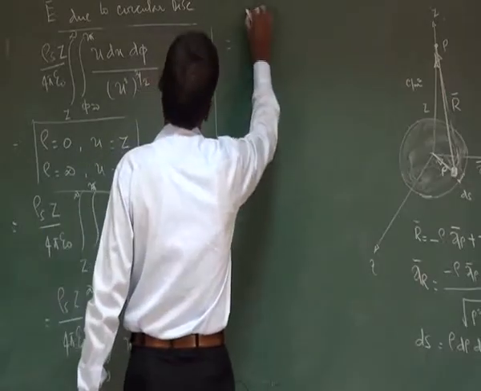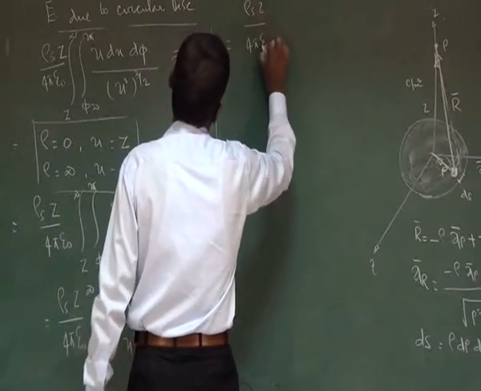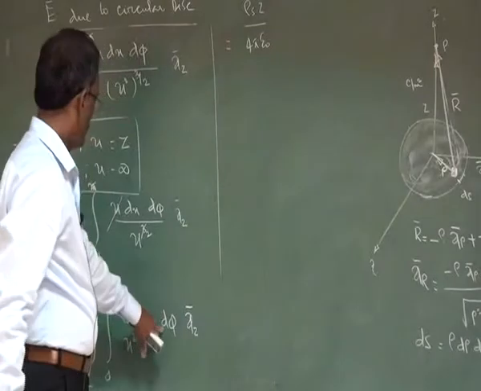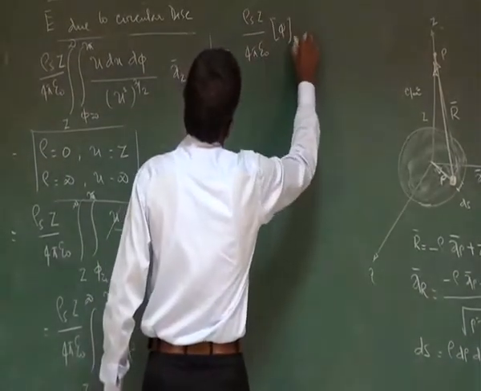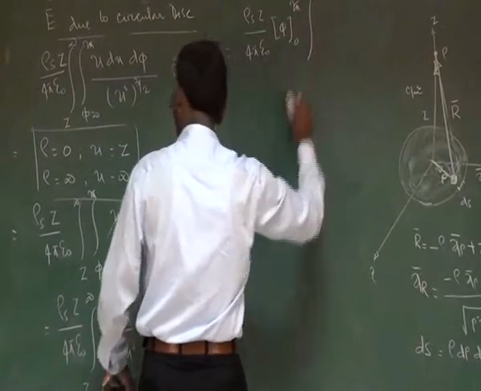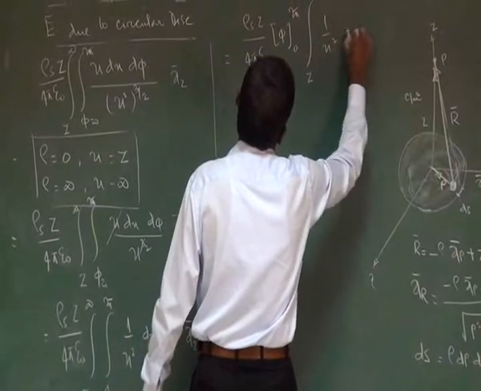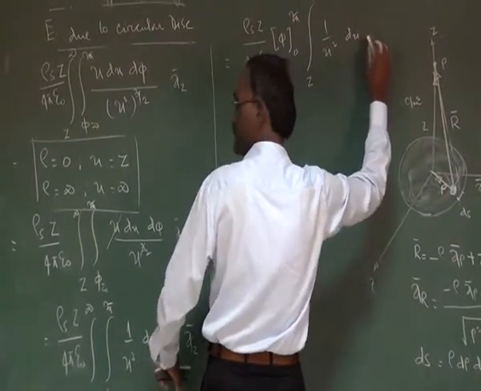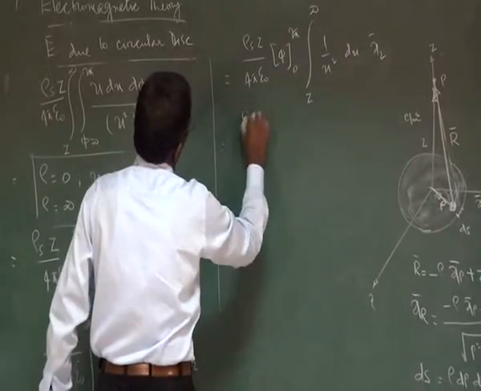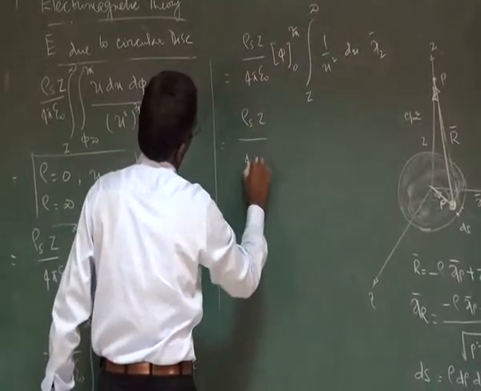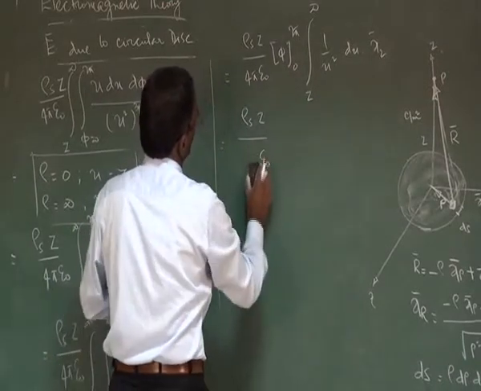Okay, is equal to rho s z divided by 4 pi epsilon o. Let us integrate phi first. So this will become phi, the limits are 0 to 2 pi, and it is z to infinity 1 by u square du, and the unit vector is a z bar. Rho s z divided by 4 pi epsilon o. This is 2 pi minus 0, so this will become 2 only.